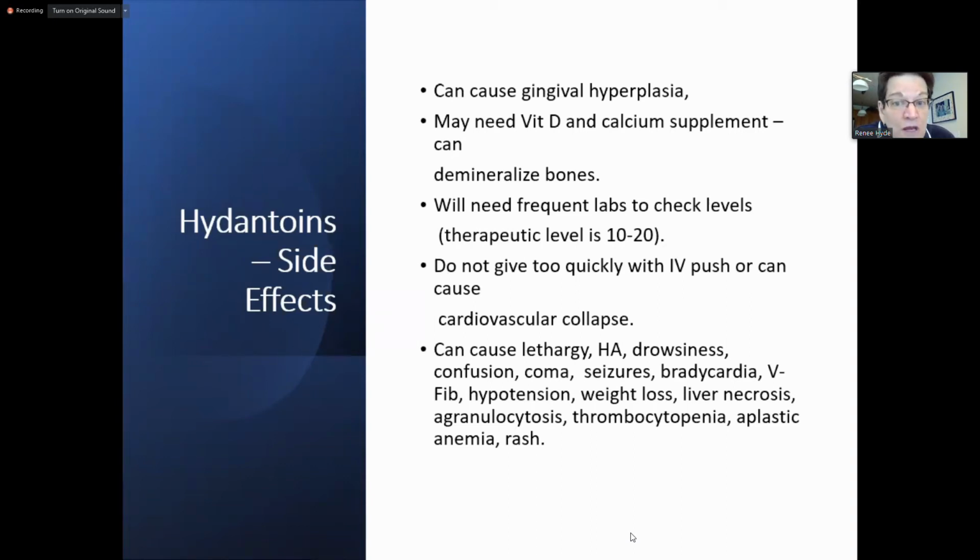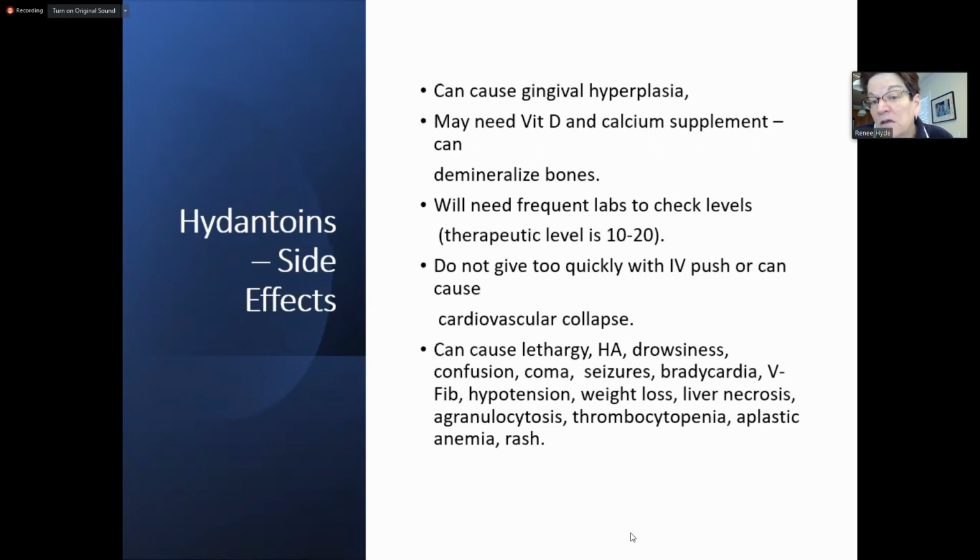They need frequent lab checks to check their levels to see if they're therapeutic. Therapeutic level here is 10 to 20. Now, above 20, you're talking about serious side effects to the point of lethargy and coma.